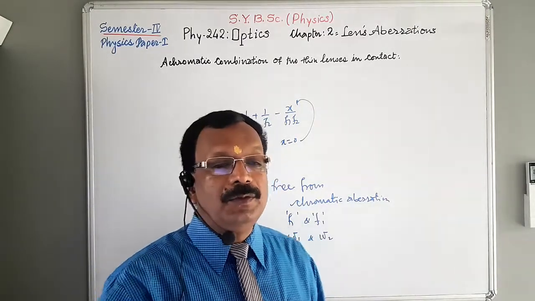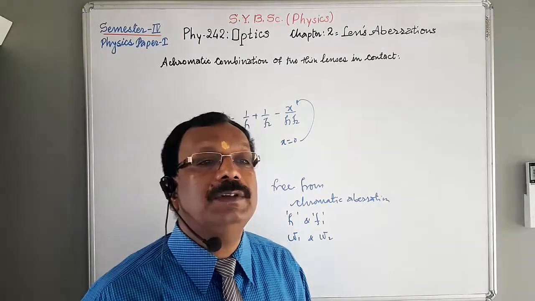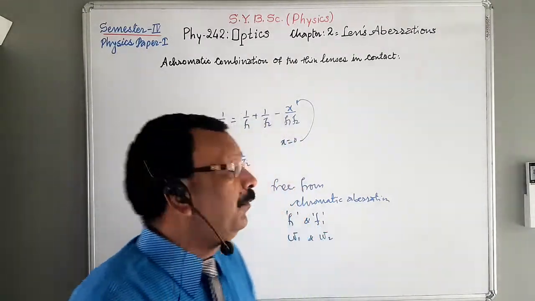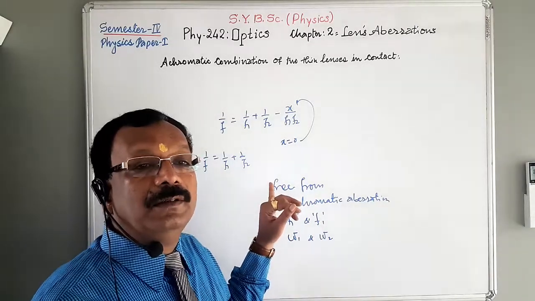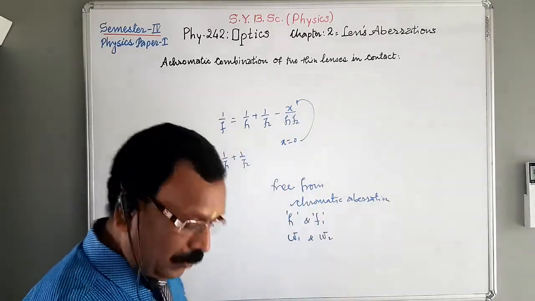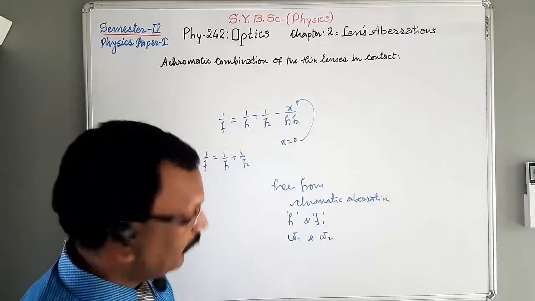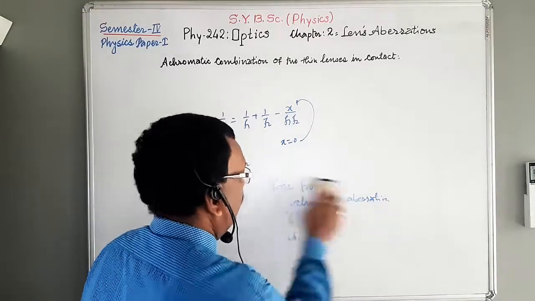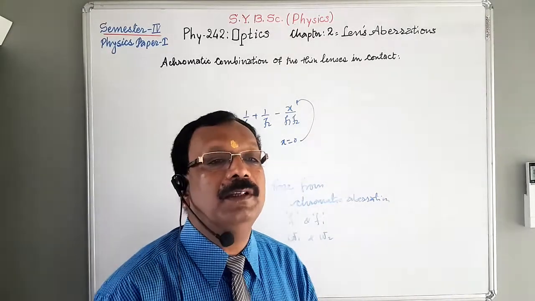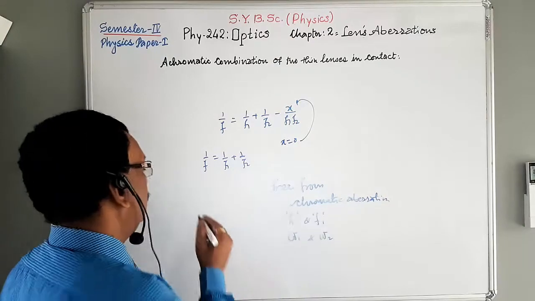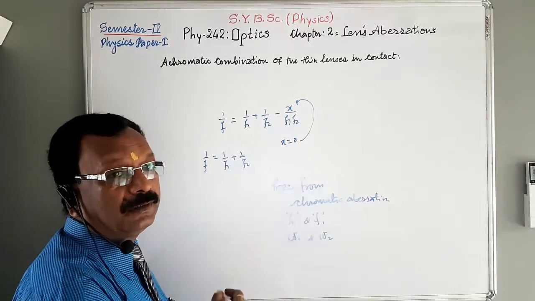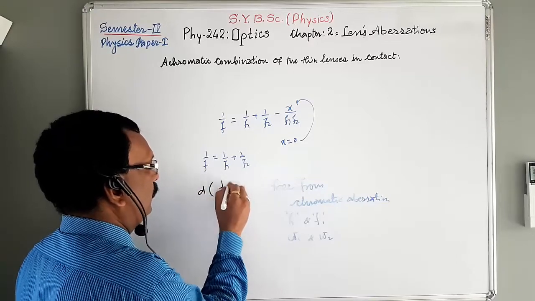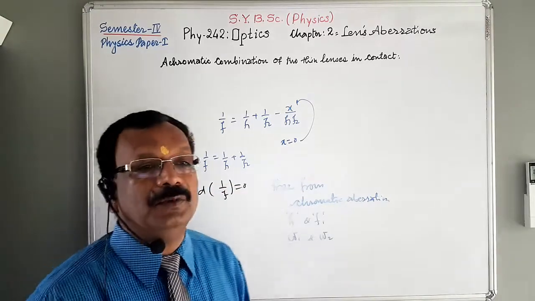Now we are going to see the condition for achromatism. For the combination to be achromatic, we differentiate this equation, d of (1/f), and this should be 0.